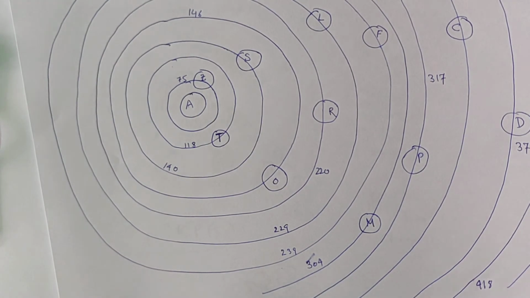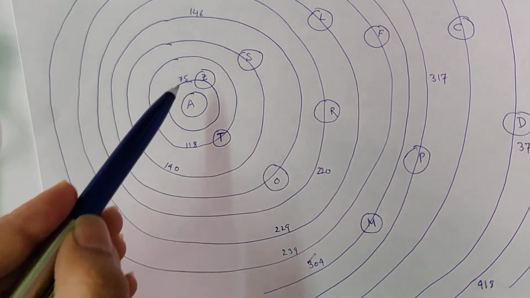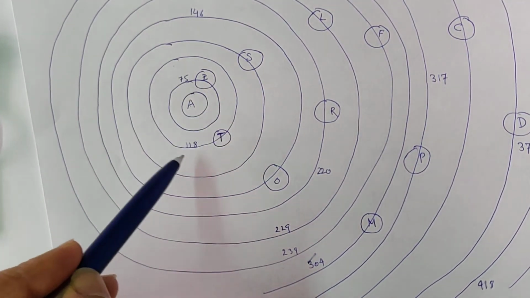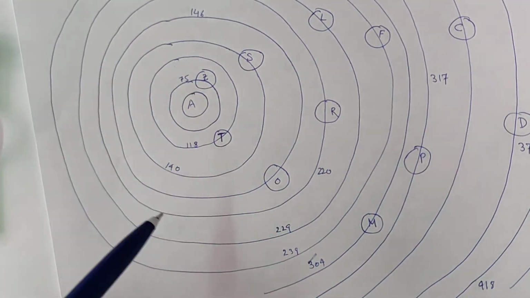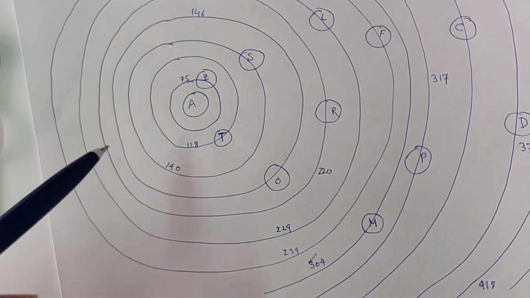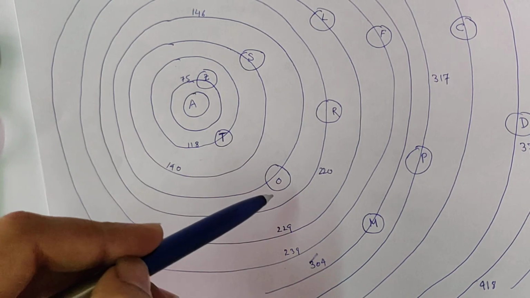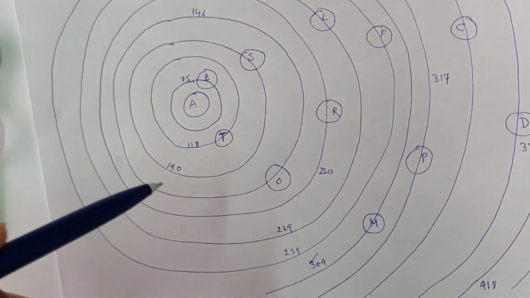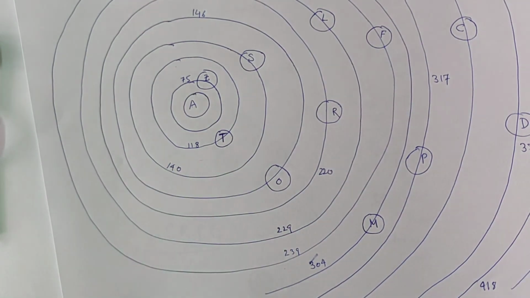A contour means all states which have a path cost of 118 from A will lie on this particular contour or on this particular circle. So T lies on this, S lies on the 140, O lies on the contour of 146, R lies on 220.